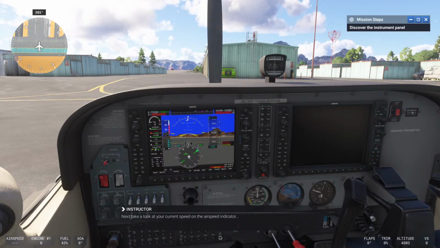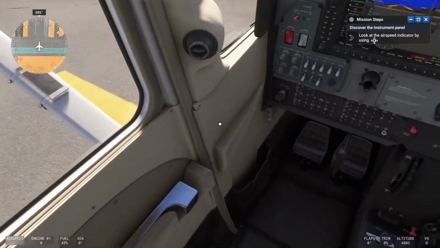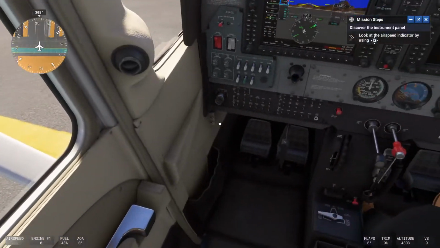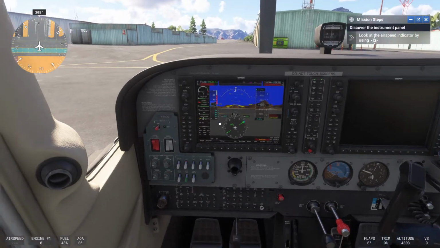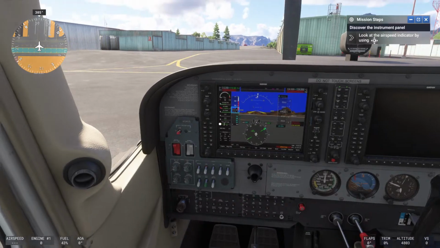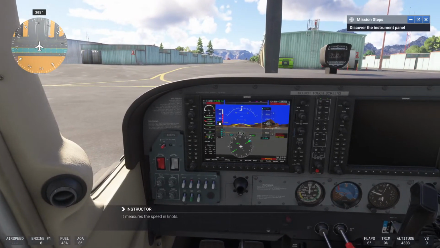Next, take a look at your current speed on the airspeed indicator. It's on the left on your PFD screen. It measures the speed in knots.